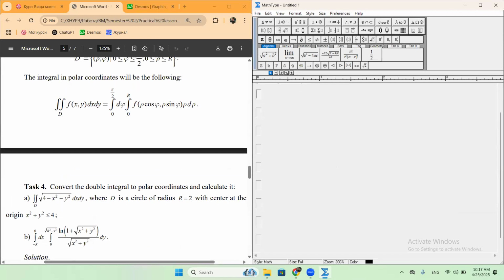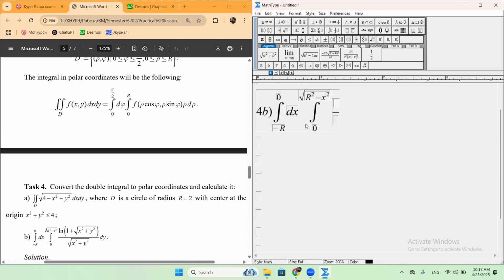Okay, let me erase it completely. So we have the following integral. So x is changing from minus r to 0, and y changes from 0 to square root of r square minus x square.